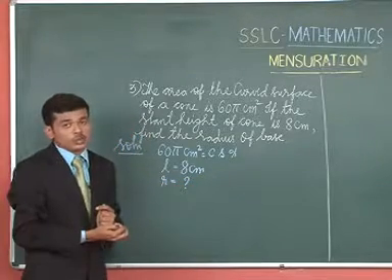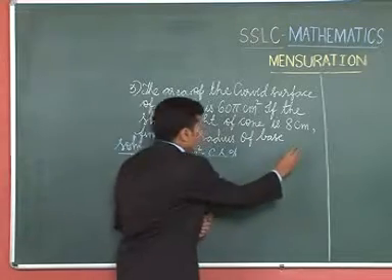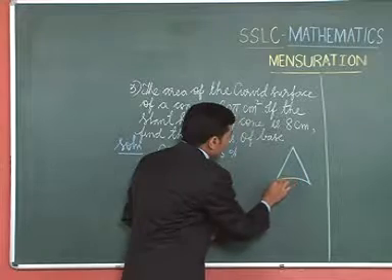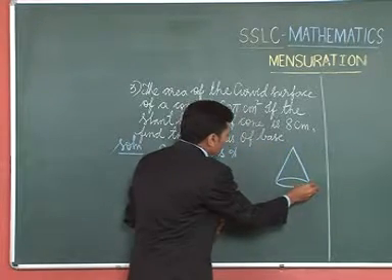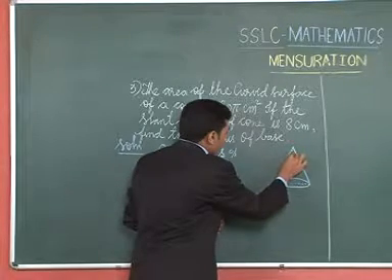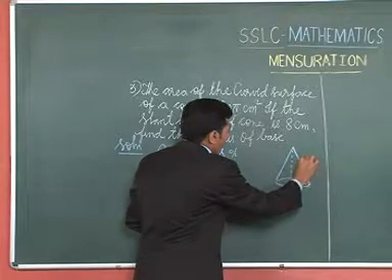So how to go about it? First draw the diagram for this. This is the diagram for the cone, where this is the base and this is the curved surface, and this is the radius of the base, and this is the height of the cone, and this is the slant height.